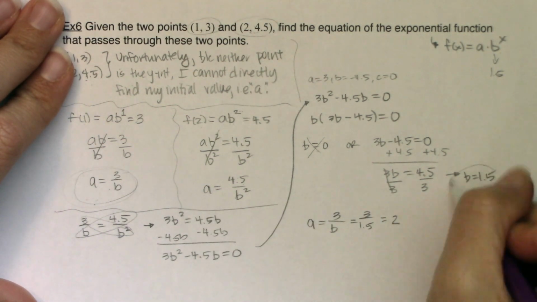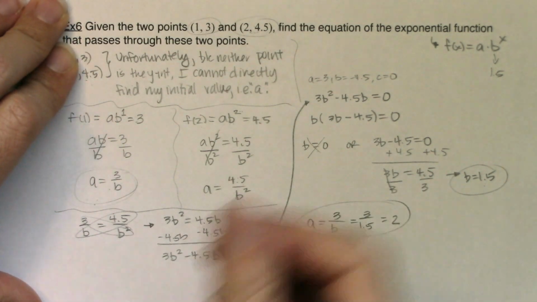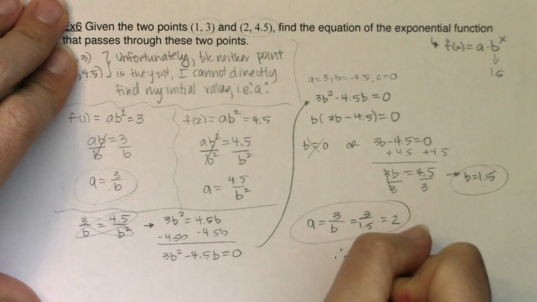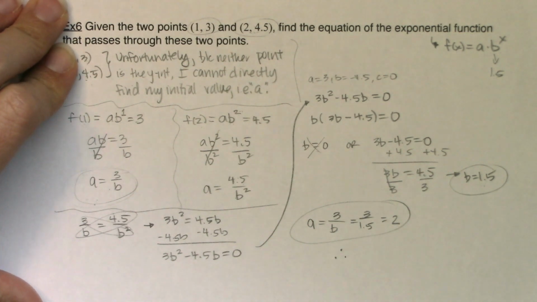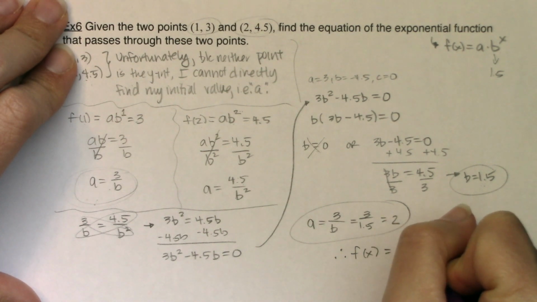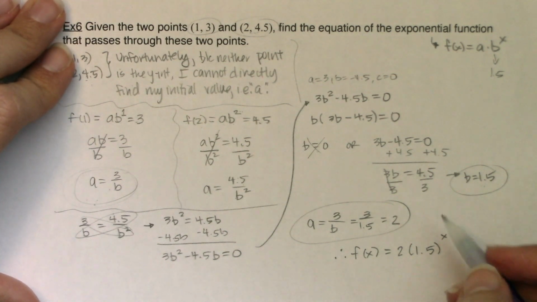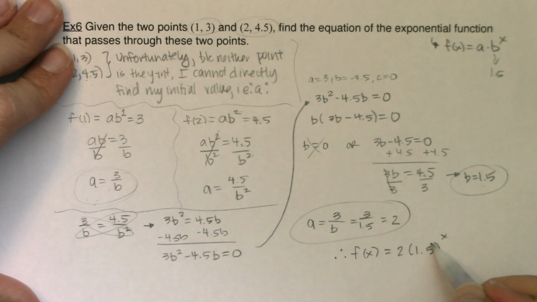So I know my b value. I know my a value. So I can finish this problem out. If I want to get my exponential growth model, f of x is going to be equal to 2 times 1.5 to the x. And this says whatever this population is, it's growing at a rate of 50% per time unit.